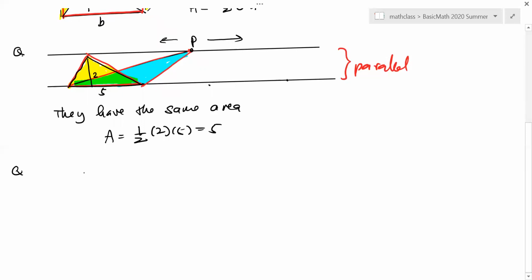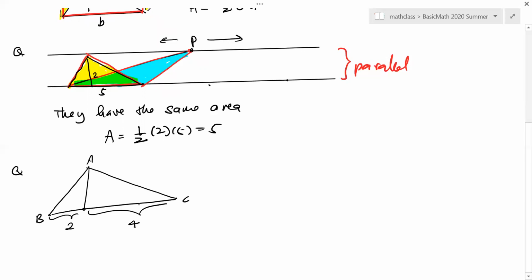For example, this is a typical example. If you have a triangle, and I divide this triangle into 2 parts, and this side is 2, the other side is 4.